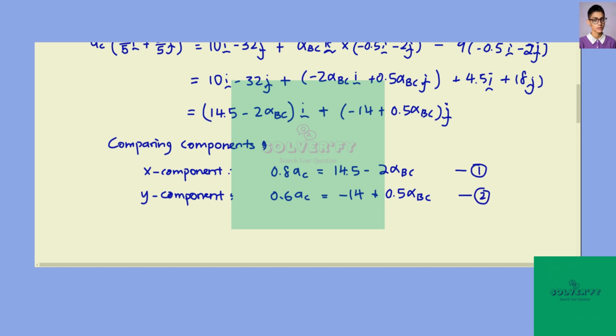If I take 1 divided by 2, then I get 4/3 is equal to 14.5 minus 2 alpha BC divided by minus 14 plus 0.5 alpha BC.